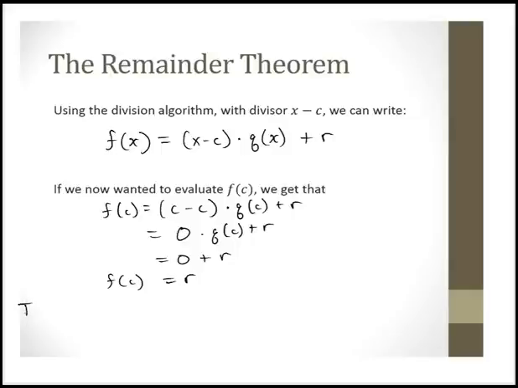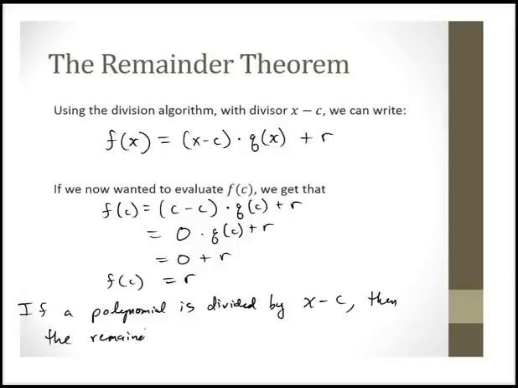If a polynomial is divided by x minus c, then the remainder is f of c.